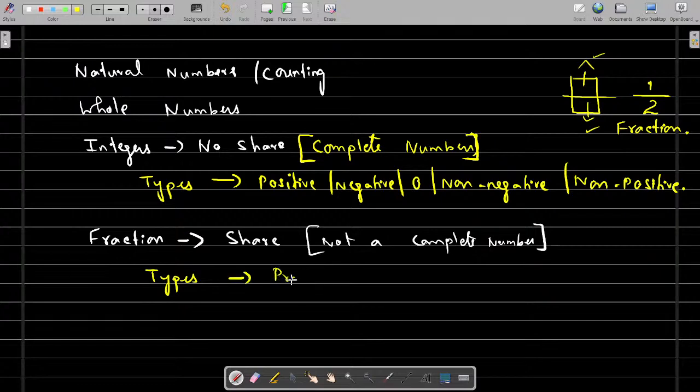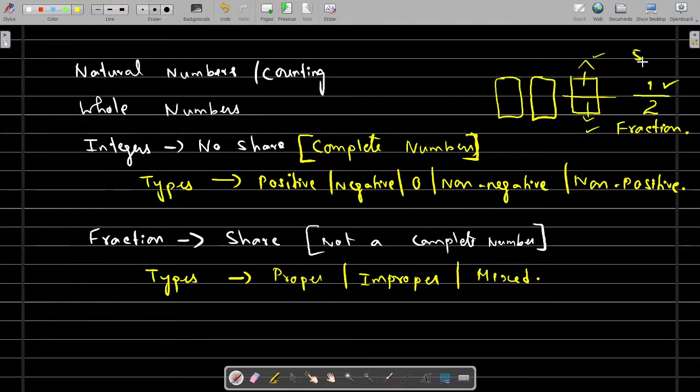Proper fraction, improper fraction, and mixed fraction. For example, proper fraction is what we have done here, 1 by 2. In case there are 3 cakes, and these 3 cakes are to be shared between 5 people, which is 3 by 5.